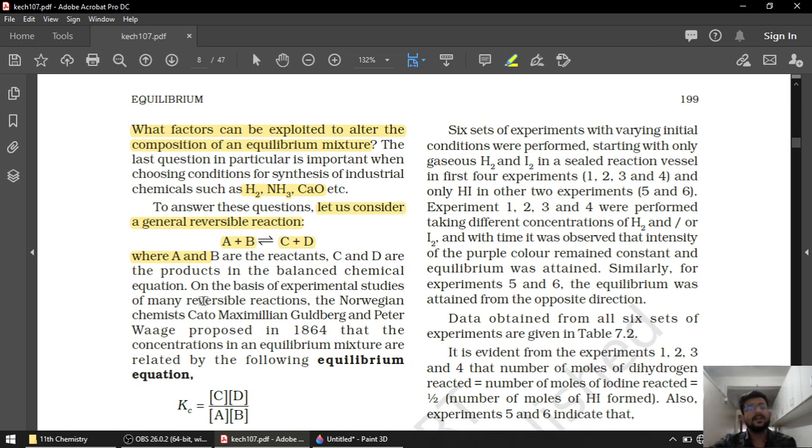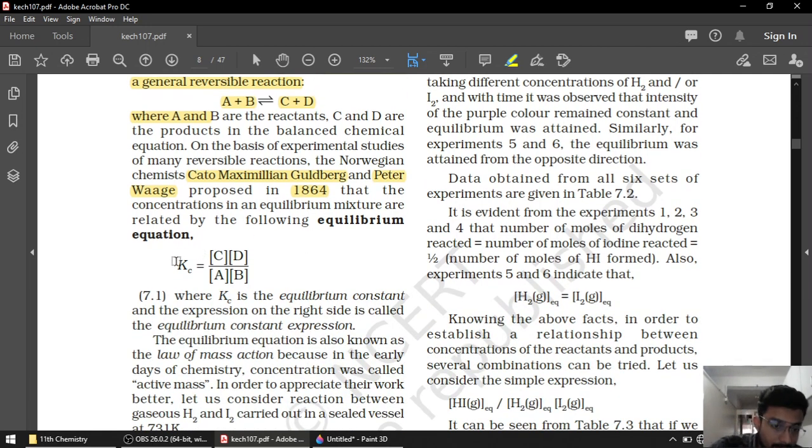In the balanced chemical equation, on the basis of equilibrium experimental studies, chemists Cato Maximilian Guldberg and Peter Waage proposed in 1864 that concentrations of the equilibrium mixture are related to the equilibrium equation, and that will be the equation which we have already derived, Kc equal to concentration of C into D divided by concentration of A into B, where Kc is the equilibrium constant.